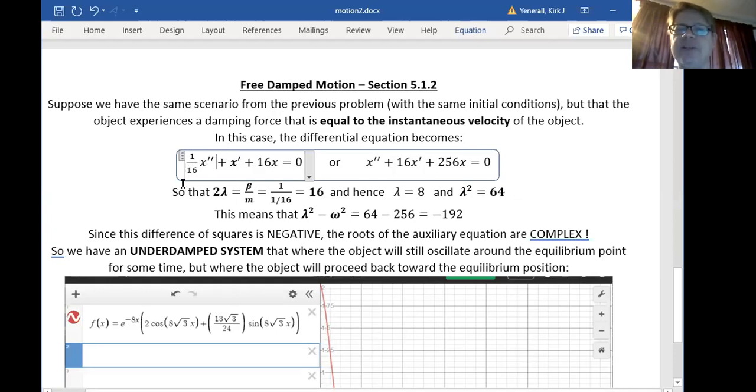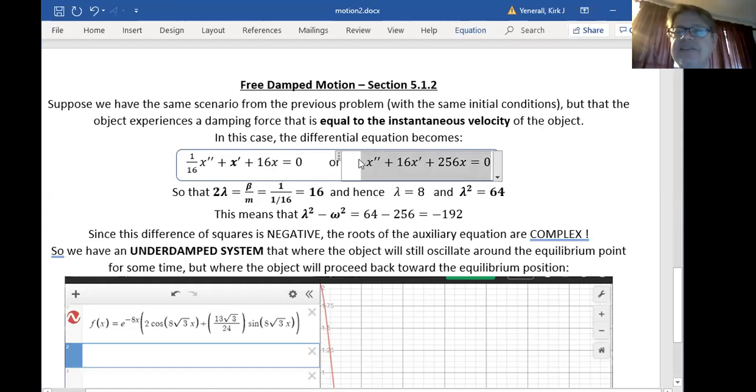So now we have 1/16 x double prime plus x prime plus 16x equal to 0. Now, when we normalize that by multiplying by 16, we can express that as x double prime plus 16x prime plus 256x equal to 0.